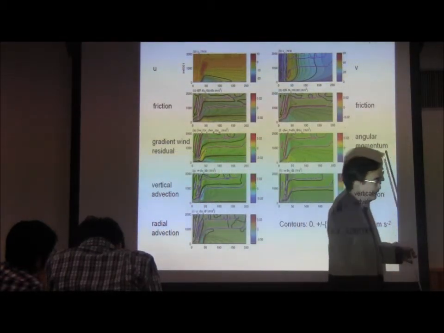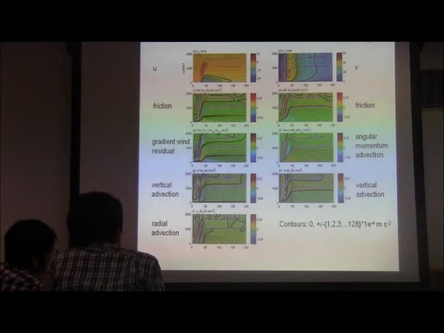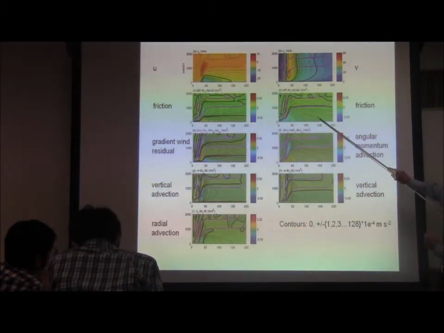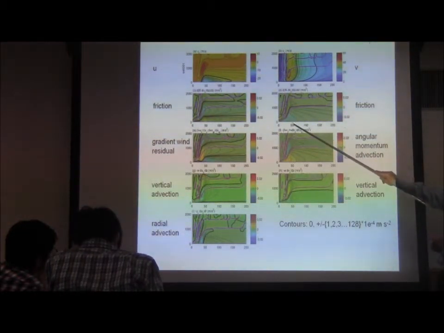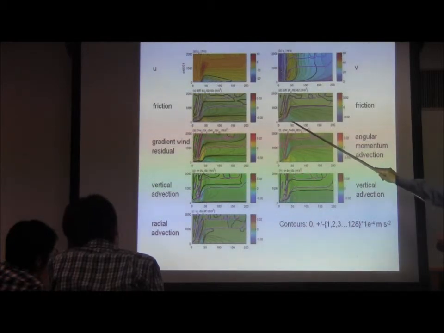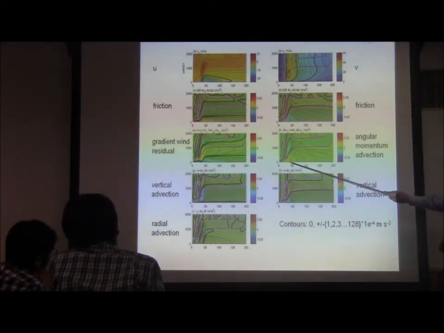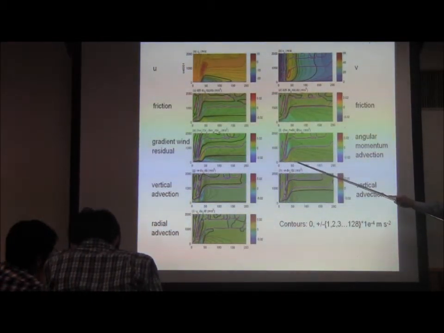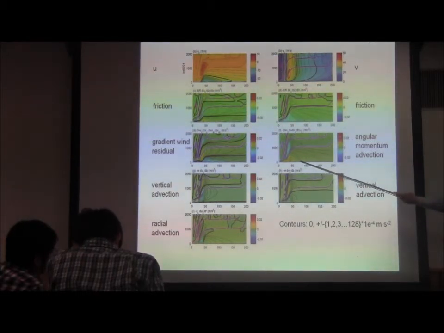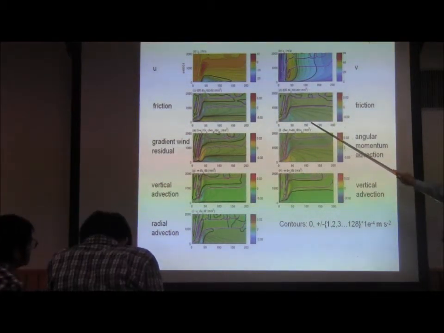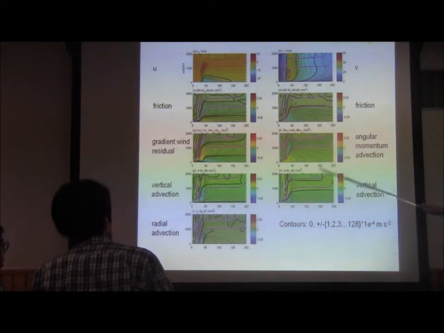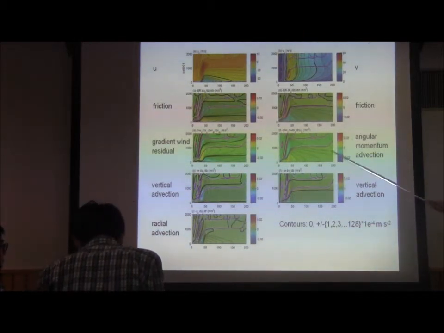That is a lot more than the amount of supergradient flow, because as the air particle comes in, a lot of the momentum is lost. So here we have the angular momentum advection term. This is the spin up due to the inward transport, but that is very close to being balanced with the angular momentum that is lost due to the surface.